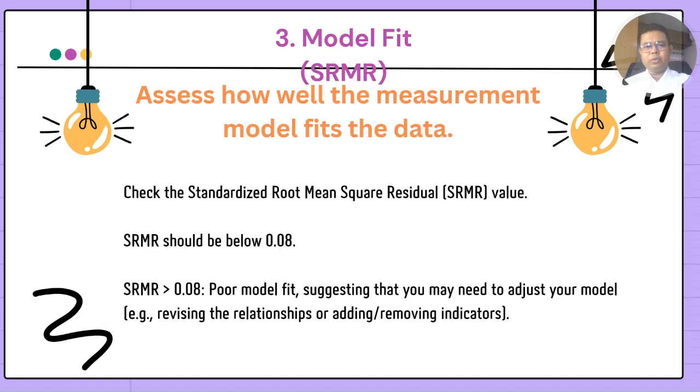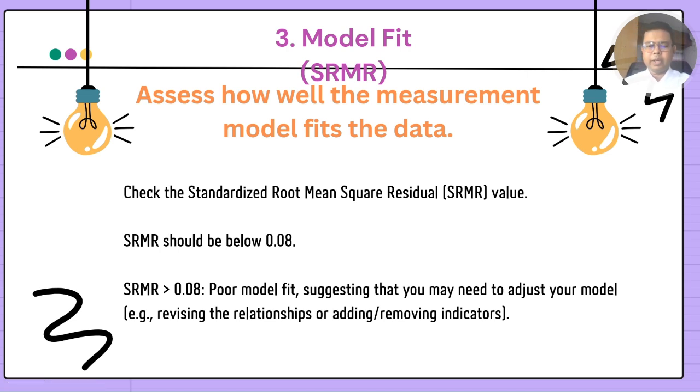And finally we'll check the value of model fit. Usually we use the standardized root mean square residual, the SRMR value. If the SRMR value is less than 0.08, then you may see your model is best fitted.